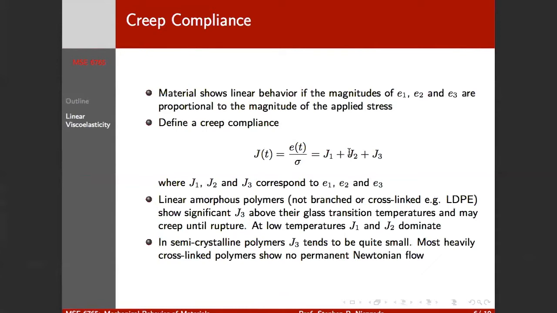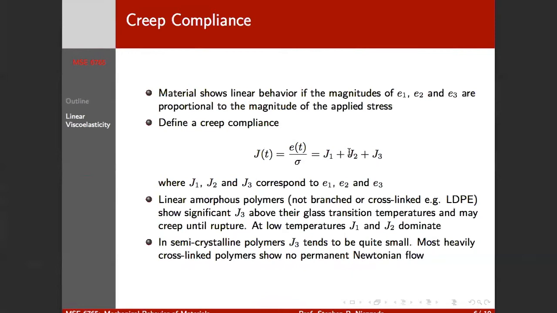The units of this are going to be Pascal inverse, same as our elastic compliance. And we can basically just break this up into three distinct regions: our elastic, our time-dependent, and our permanent plastic set. And so we can then talk about different material classes with respect to each one of these effects.